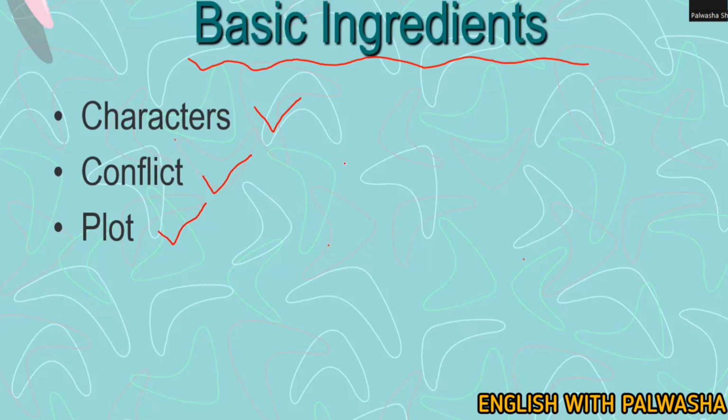Also, अगर conflict नहीं है, because conflict is something, it's not only कि two people are fighting in the story, it is going to be something like a conflict between person versus person, person versus nature. There is going to be ongoing conflict in the mind of the people, two people, three people, or whatever, a group of people. So conflict is something, you can say, a competition going on, the people are competing with each other.